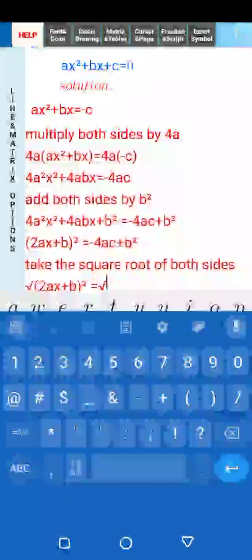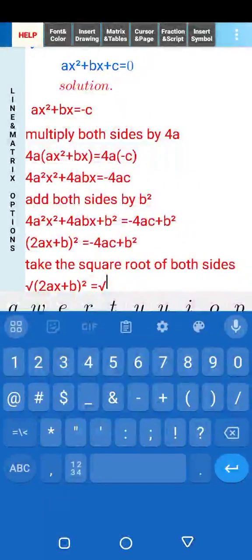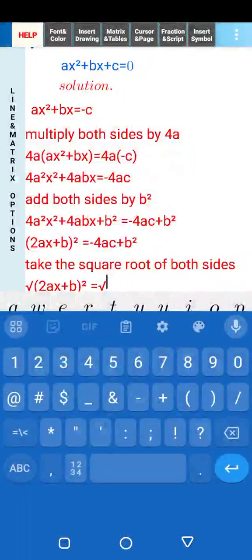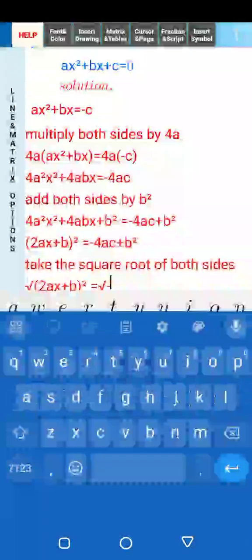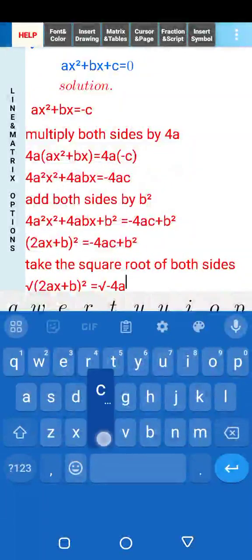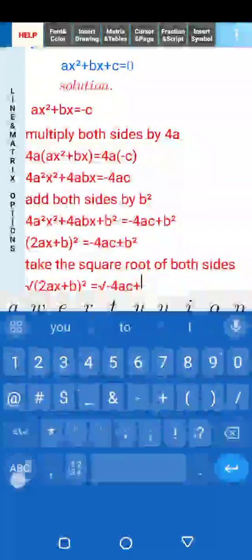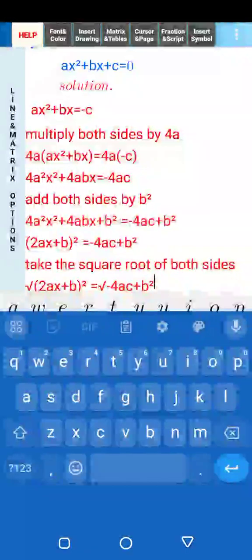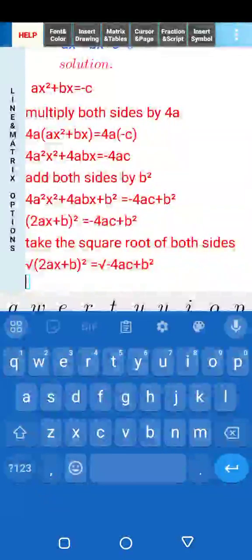Then if you like, put it in bracket, or just leave it like that if you like.